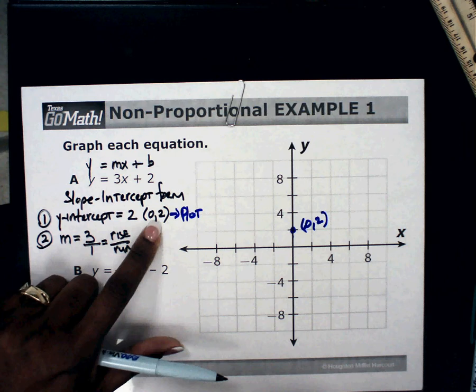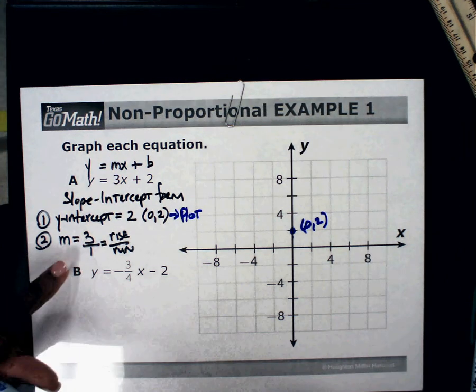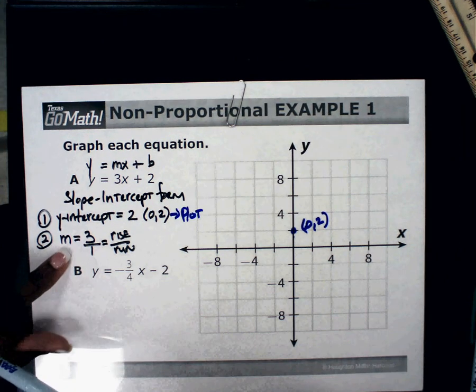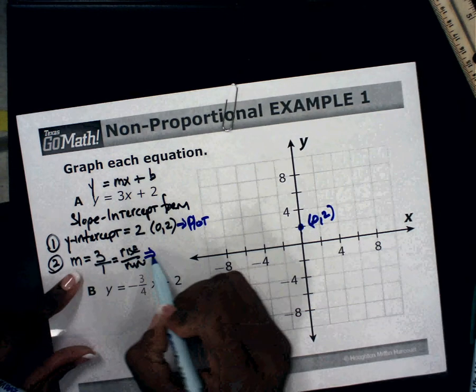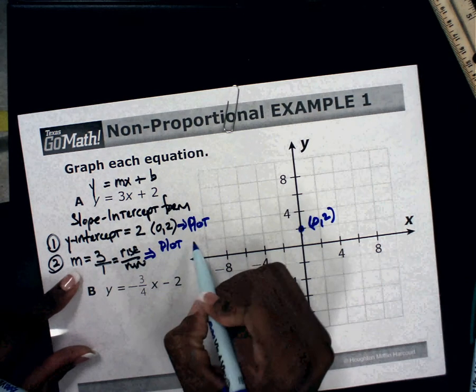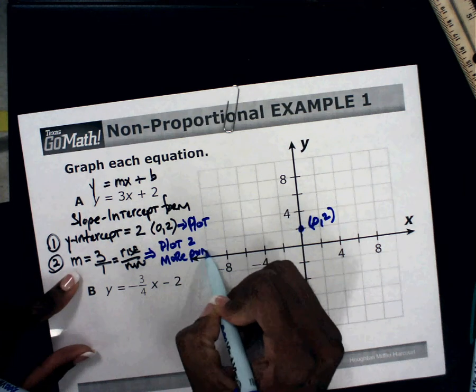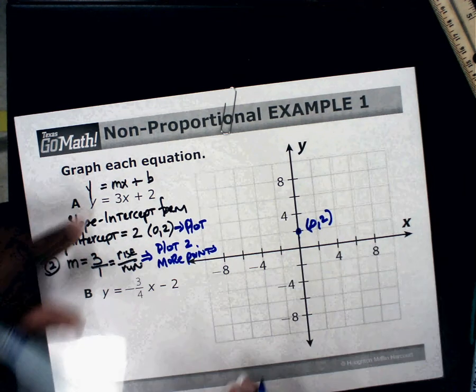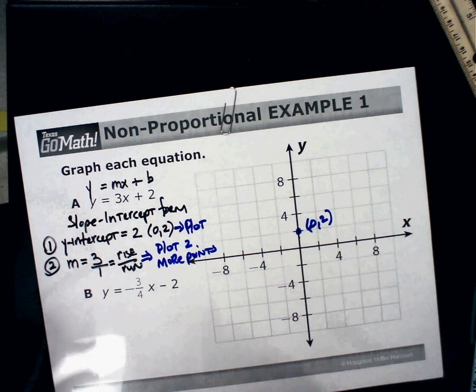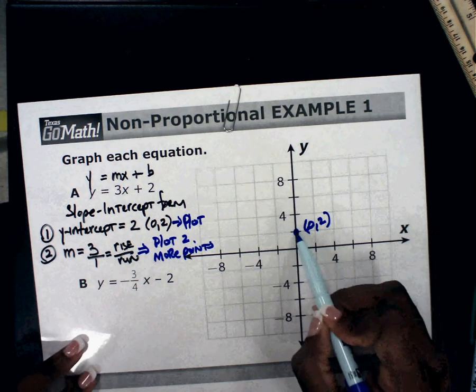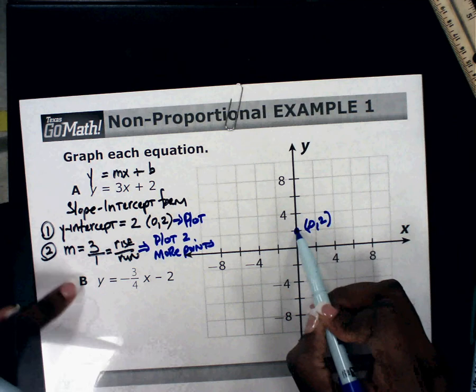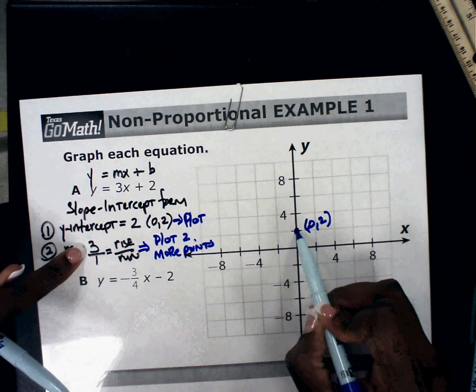Next thing we want to do is use the slope in order to plot 2 more points along this line. We're going to go back to our y-intercept, and our rise is 3, so we're going to rise 3.